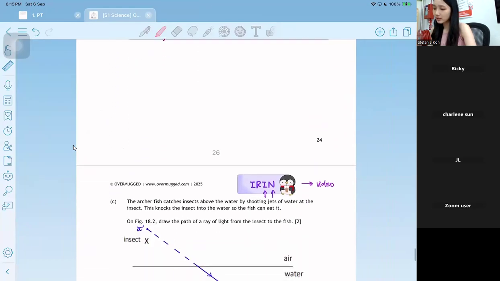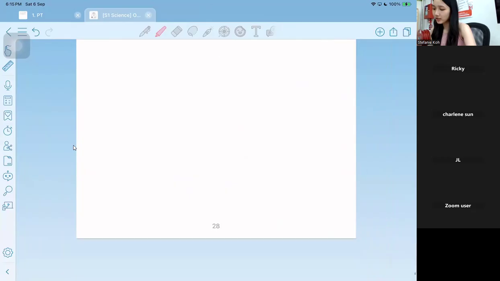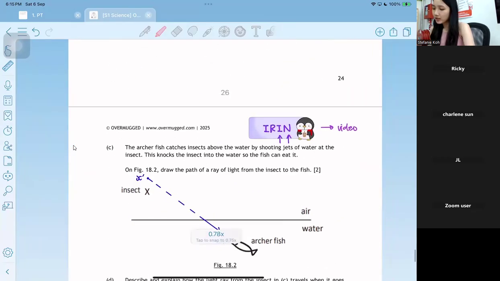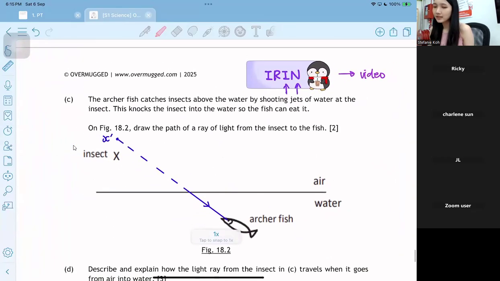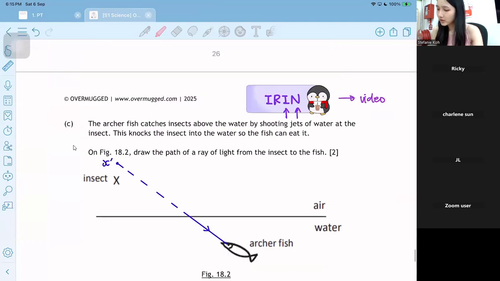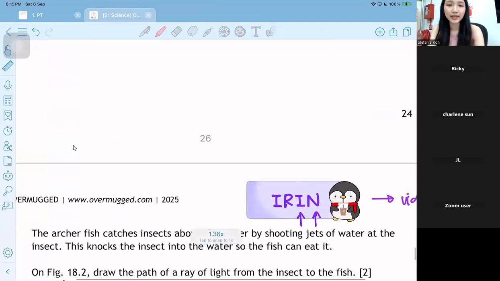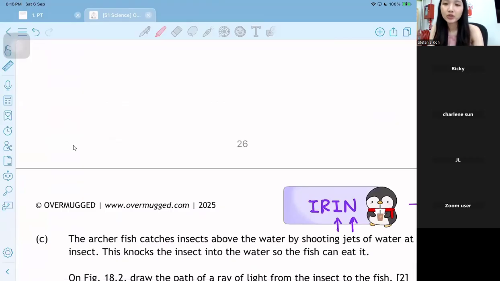Last part C, and then we're done. Okay, part C, right? Can you guys try first? Those who haven't tried it, I want you guys to draw again using rays. This time we're looking at refraction. That means there is a bending of light and they want to see if you know how it bends.